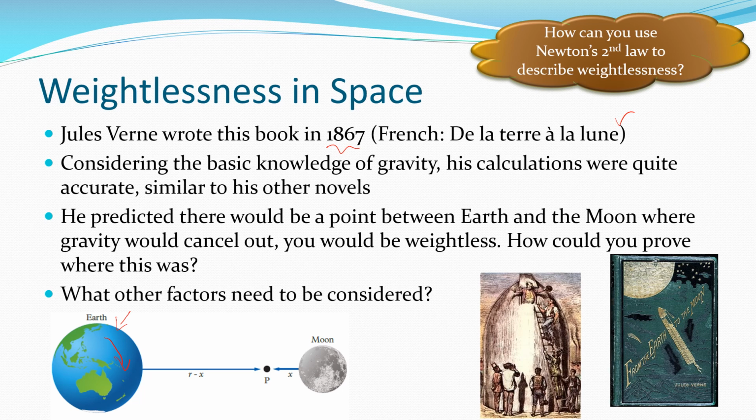Now, in his book From the Earth to the Moon, he did some quite detailed calculations about what he theorised. The Earth has a gravitational field, the Moon has a gravitational field. There must be a point partway between them where we work out the gravitational field of Earth and we work out the gravitational field of the Moon.